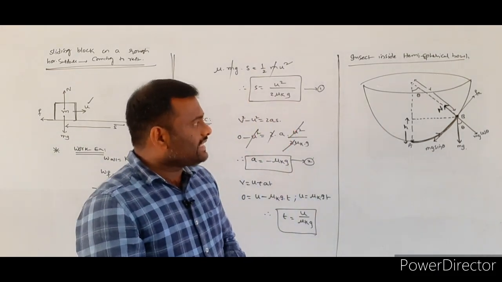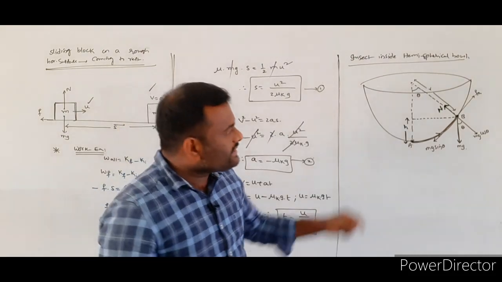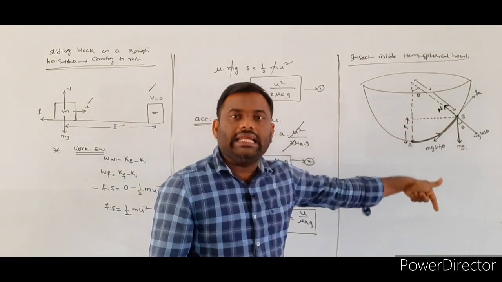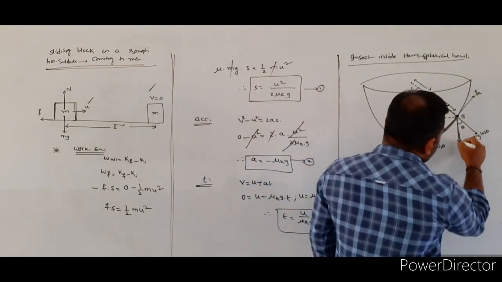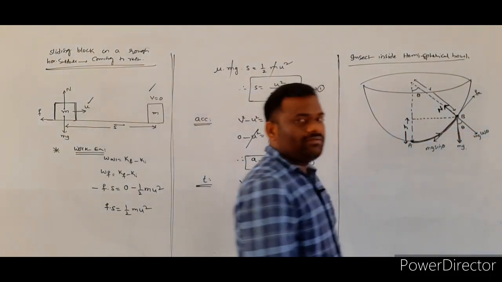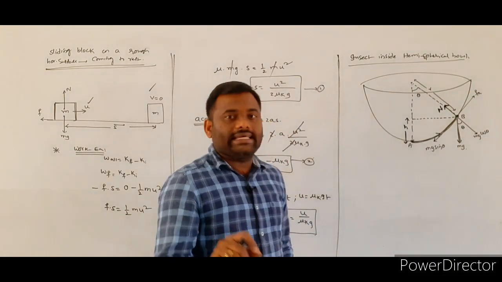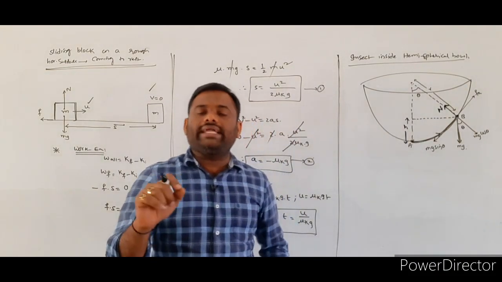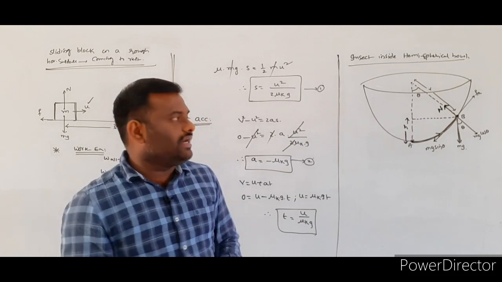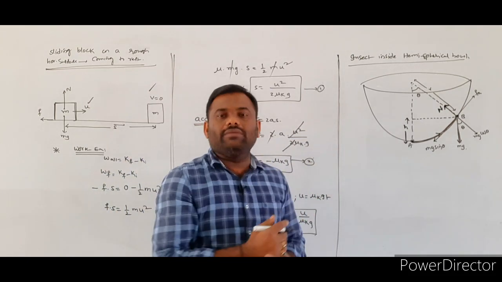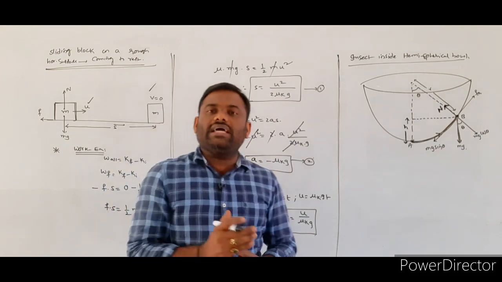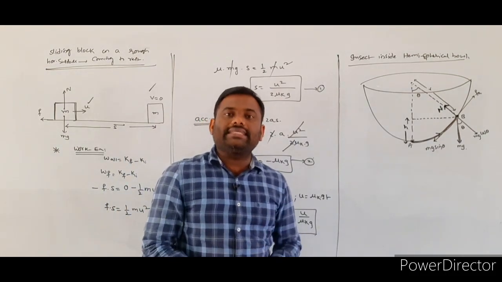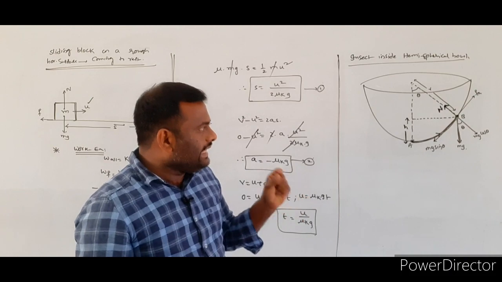Whenever the insect is at the point B, its weight is always acting in the vertically downward direction. This is the weight of the insect acting at the point B. Since the insect is in contact with the surface of the hemispherical bowl, the surface will exert some normal reaction over the insect.